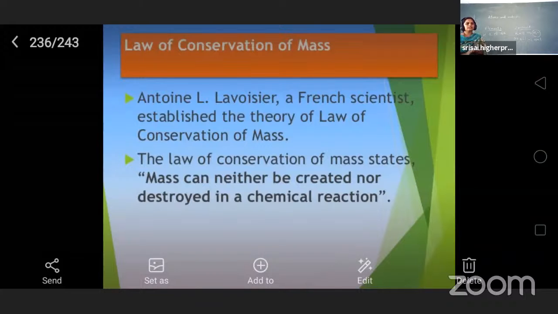Okay? Mass cannot be created or destroyed in a chemical reaction. So what does this mean? Do you know the atomic numbers of all the elements, students?